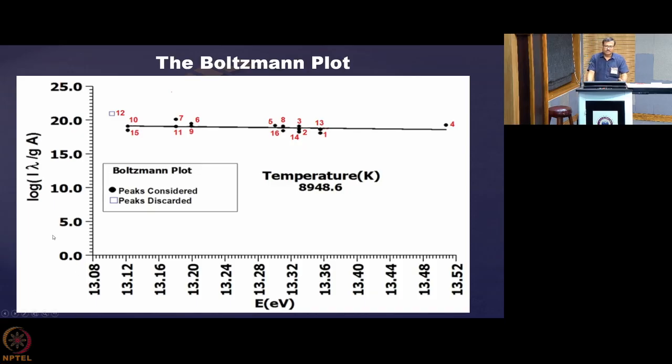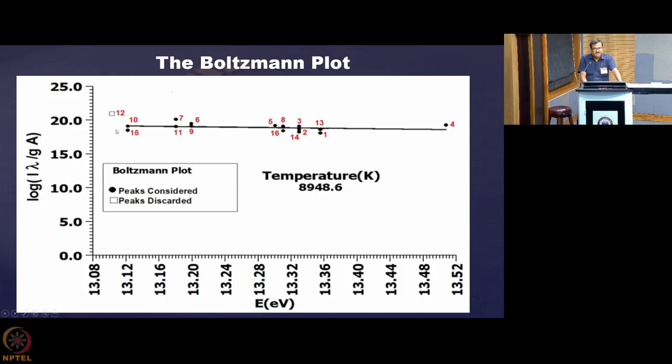But anyway, you are not bothered much about that, because you are going to find an average temperature. Why average temperature? If you had taken only one point, it might go over here, or over here, and deviate.